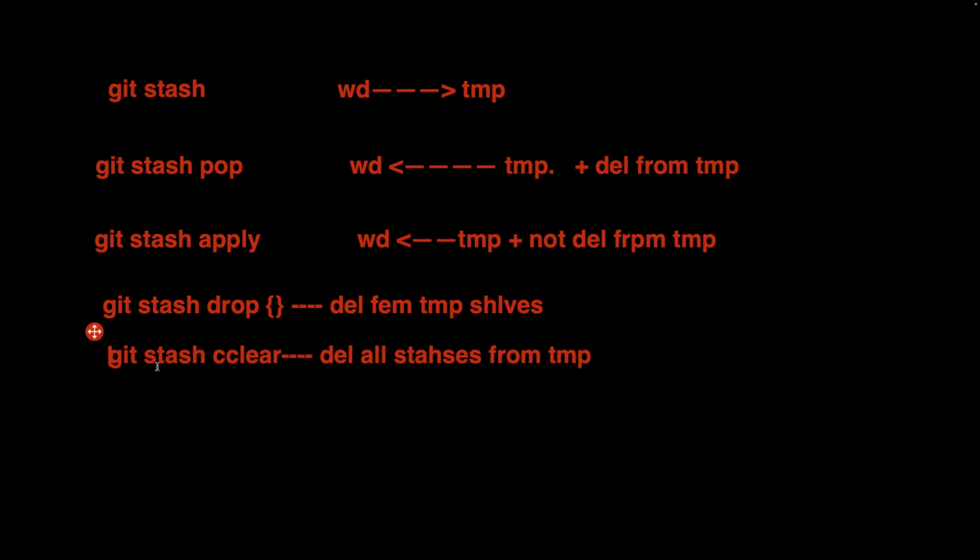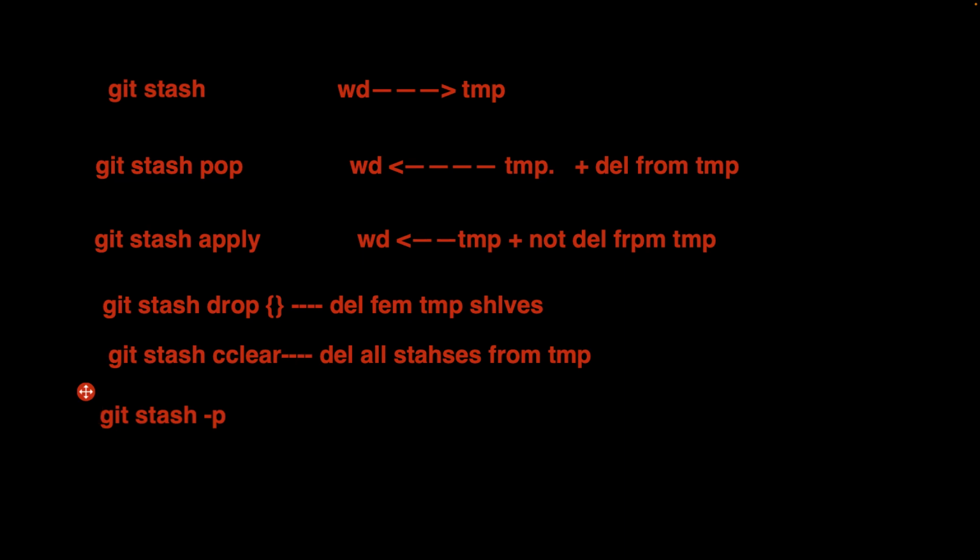There might be typos because of this marker, excuse them. So pop, apply, drop, clear, and then we have partial stash. Those are the different things we have with the stash.